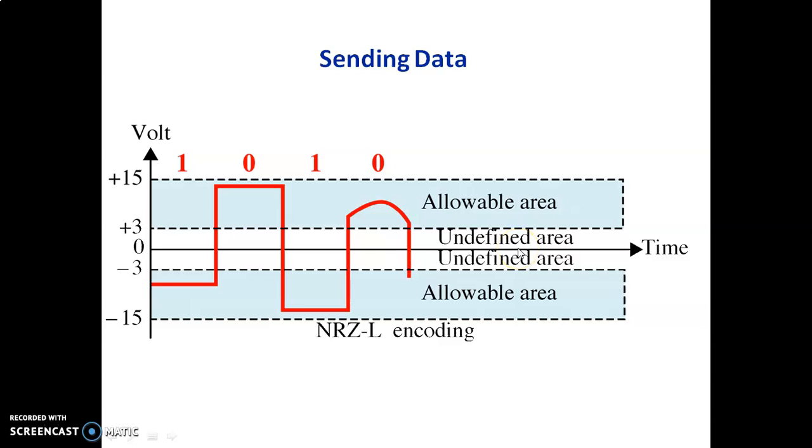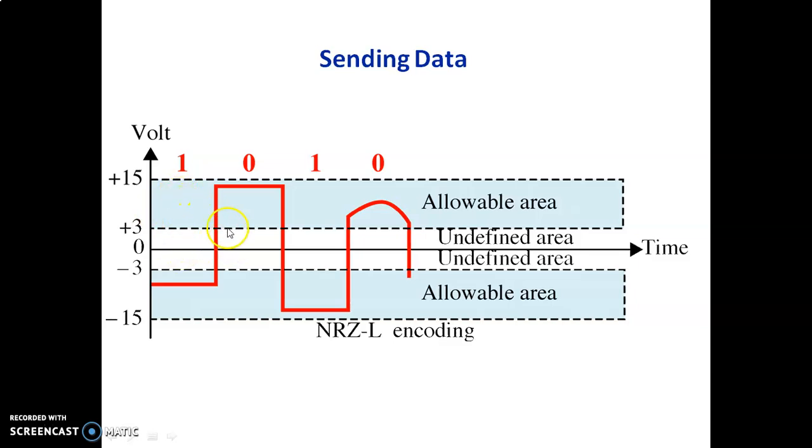The amplitude of the signal must fall between 3 and 15 volts or between -3 and -15 volts to transmit data. This is a simple example which explains the electrical specification. The allowable area for the data to be recognized is +3 to +15.